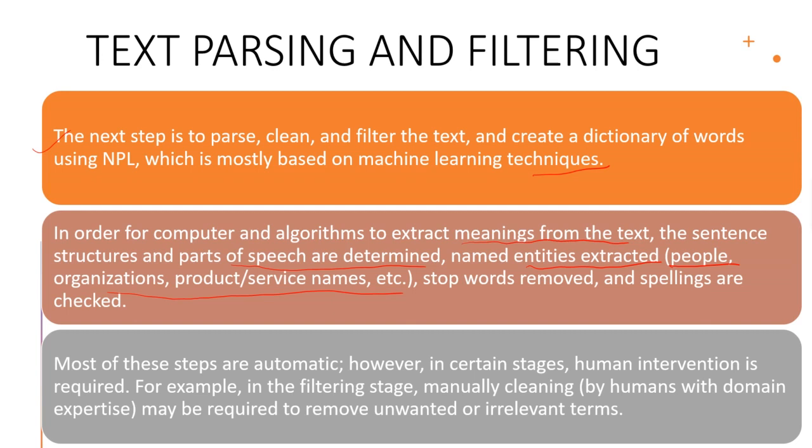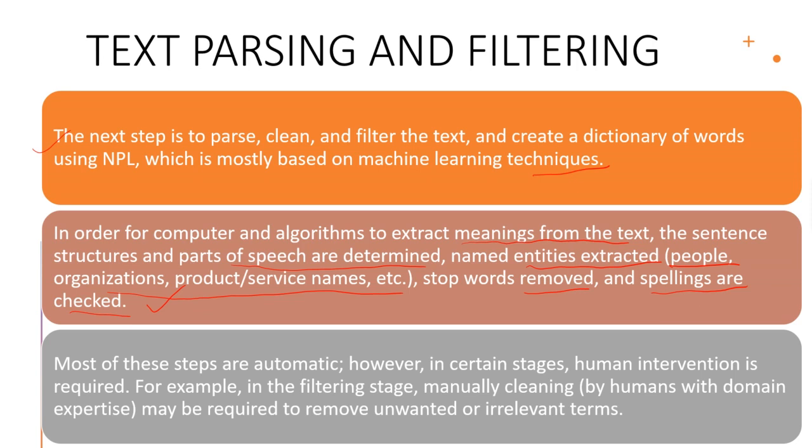Then some may have written the course name in a different manner, like some may write BSc IT, some may write BSc Information Technology, some may write BSc Data Science. So we have to identify all these as graduate courses. Stop words should be removed and spelling errors need to be checked and rectified.